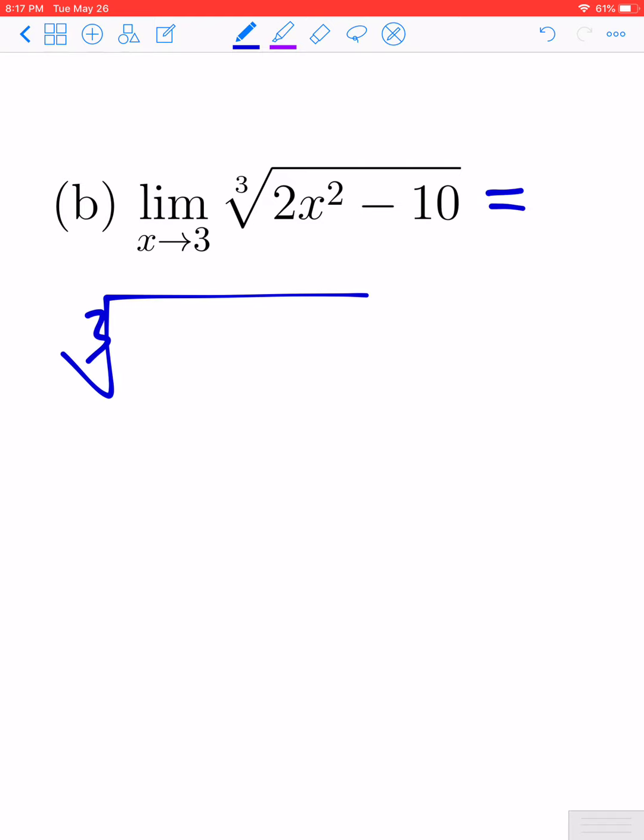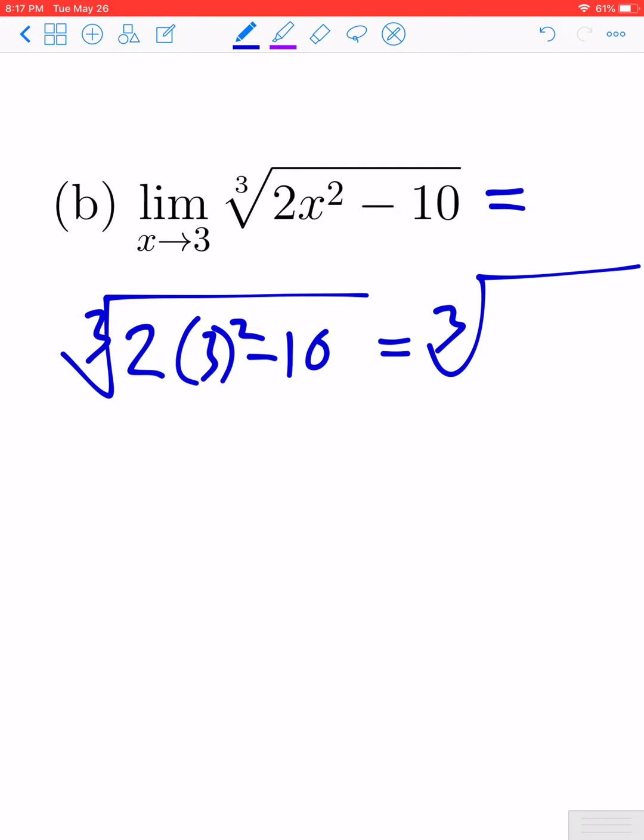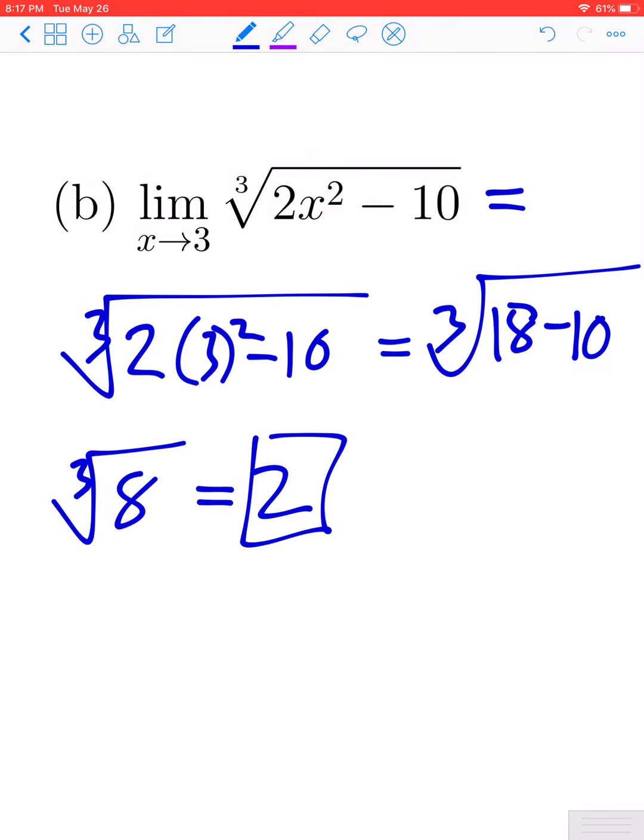The limit as x approaches 3 of the cube root of 2 times x squared minus 10 is going to be equal to the cube root of 2 times 3 squared minus 10. 3 squared is 9, and 2 times 9 is 18. So we get the cube root of 18 minus 10. That's going to be the cube root of 8, which has a value equal to 2.